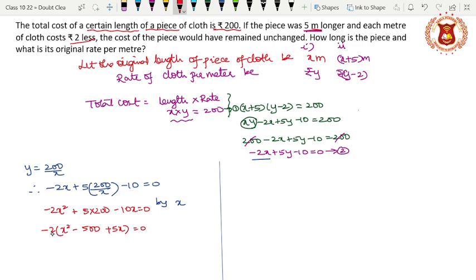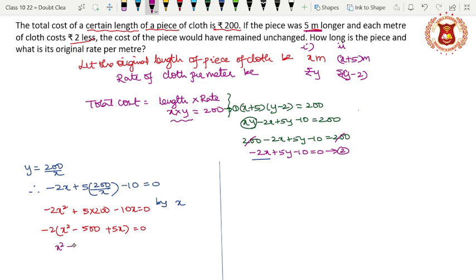Don't get confused here. I have taken minus 2 as a common here. Therefore minus 2x square will become plus x square, plus 1000 will become minus 500, minus 10x becomes plus 5x, right? Now minus 2, if I send that side, will become 0.